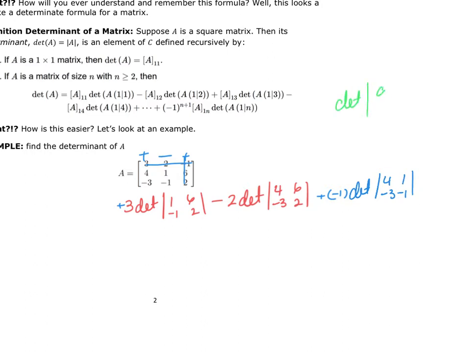Now we have the determinant of a smaller 2 by 2. So I have a determinant of a, b, c, and d. Then it will be a multiplied by d minus c multiplied by b. So that is the determinant of a 2 by 2 matrix.